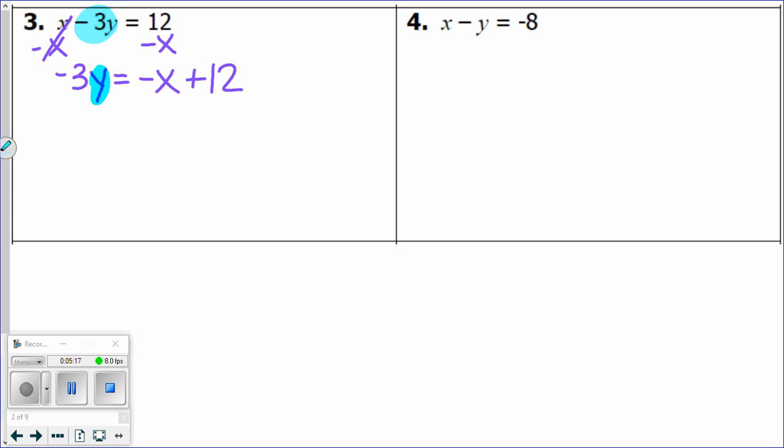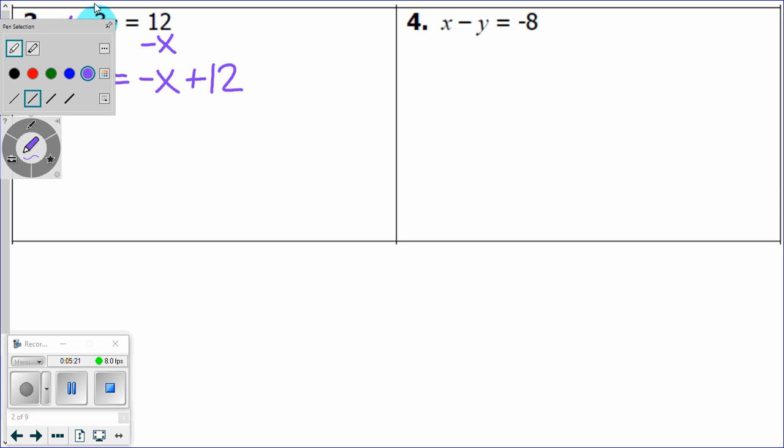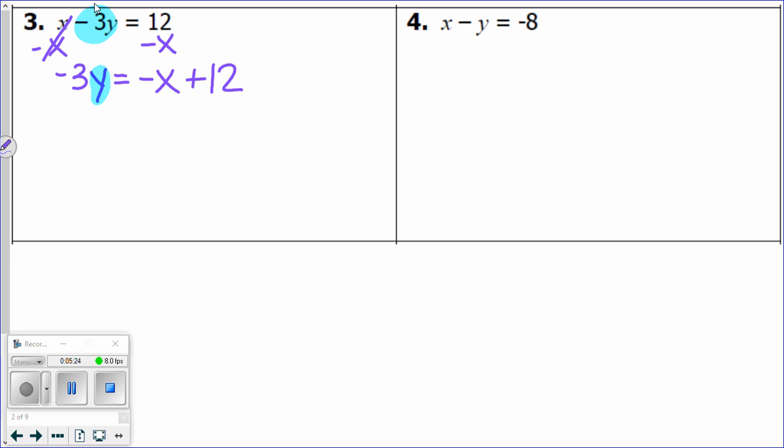I want this y to be isolated, to be all by itself. Currently, it's being multiplied by a negative 3, so the opposite is to divide by negative 3. So those cancel. Y equals, well, there's a number out in front of this x here, so I'm going to put in a negative 1 so we can see that.